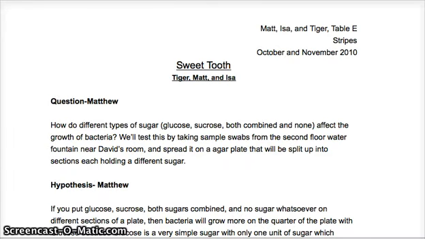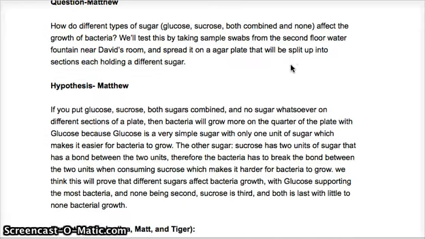Our hypothesis is that glucose will have the highest number of bacterial colonies because it is the simplest and easiest for bacteria to consume and break down. The next one would be none, because technically it's just a plain agar plate with bacteria on it. The next one would be sucrose.